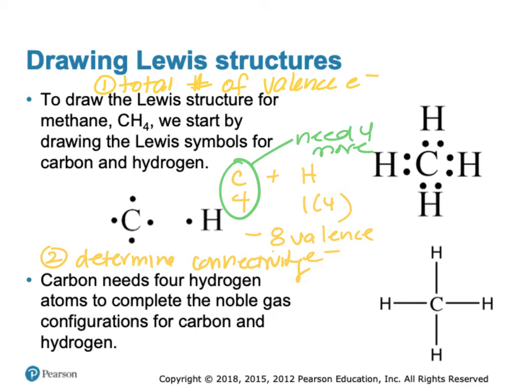So carbon will form 4 bonds. Hydrogen has 1 valence electron. It only needs 1 more to form its, not octet, but it just needs 1 more to make 2, so it has the configuration of helium. So hydrogen only forms 1 bond.